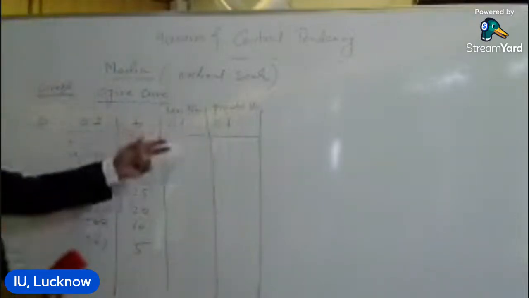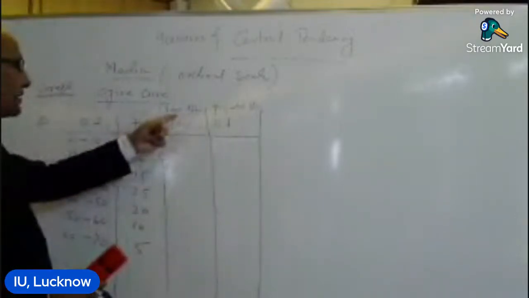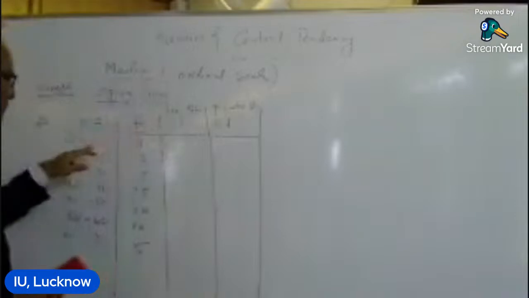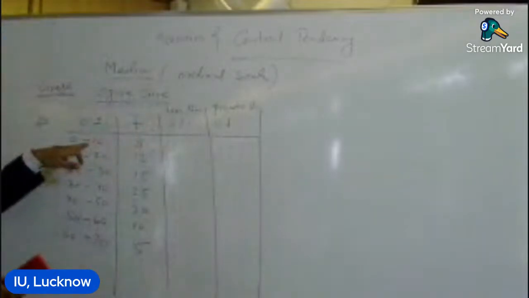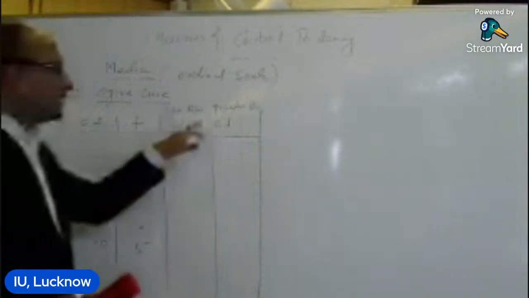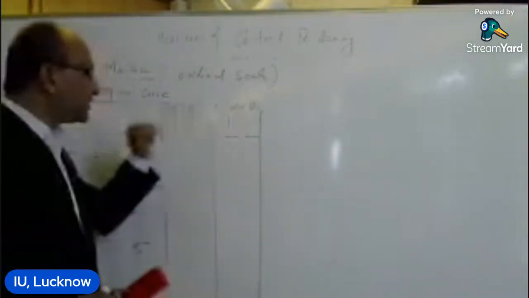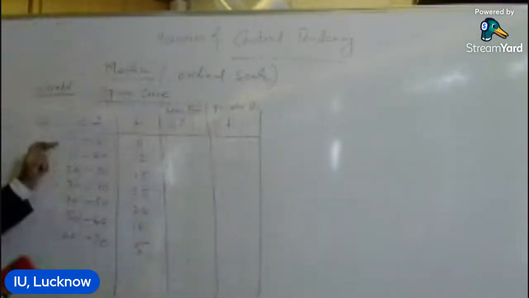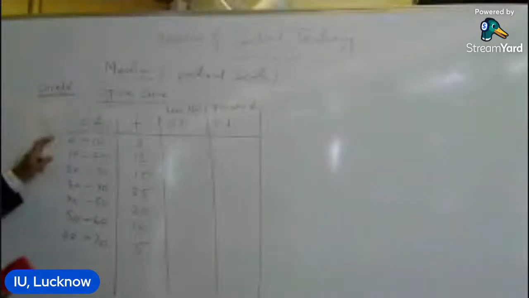The less than type cumulative frequency is obtained by using the upper limit of the class interval, while the greater than type cumulative frequency is obtained by using the lower limit of the class interval.